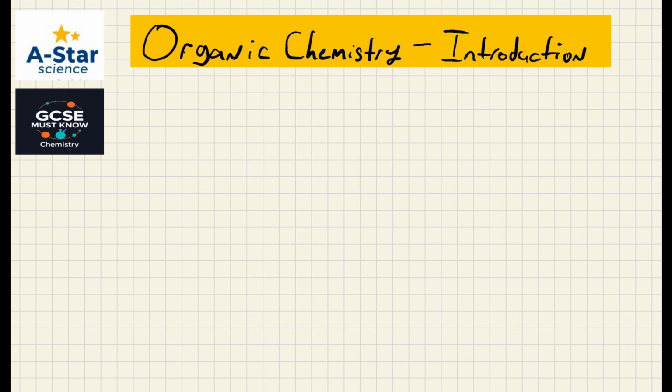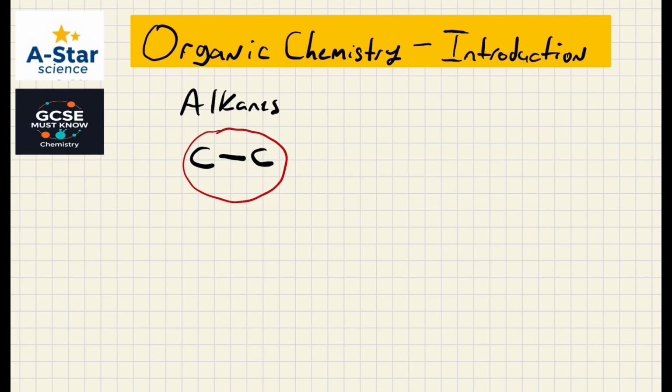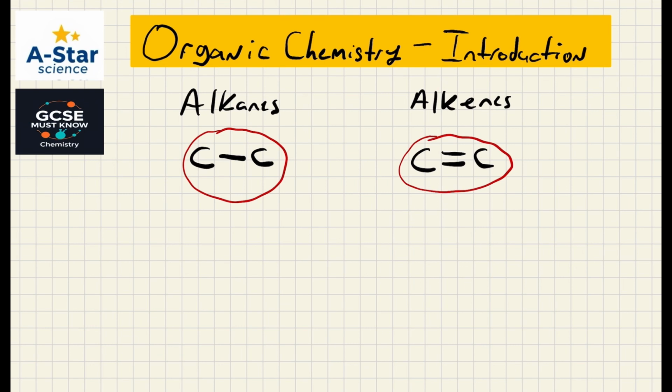So to summarize, we've learned 4 functional groups. We've learned about the alkanes, which have a carbon single bond to another carbon. We call those the alkane hydrocarbons. We also learned about the alkenes with the ene at the end. They have double bonds. They're unsaturated. They have the double bond in between the carbons.